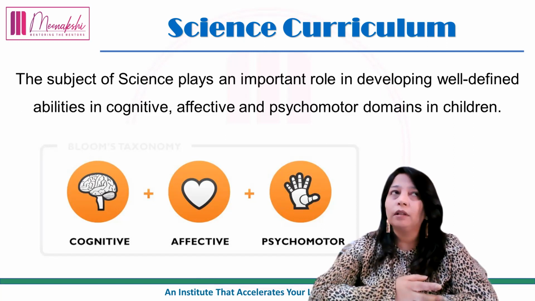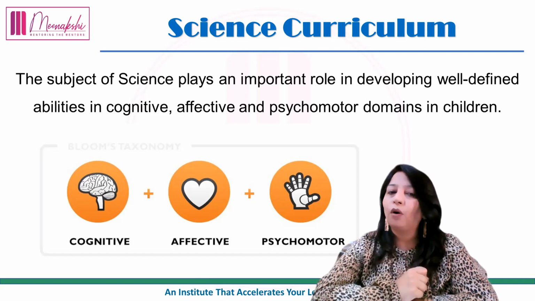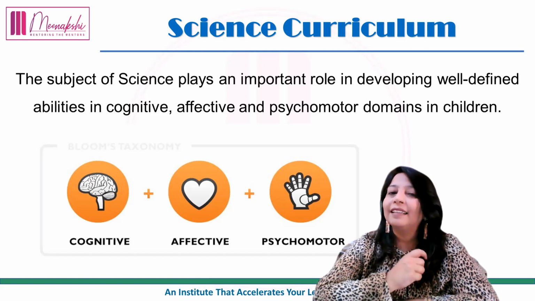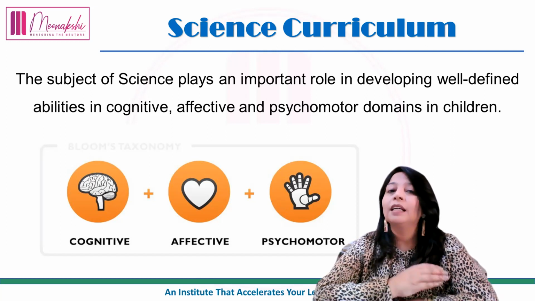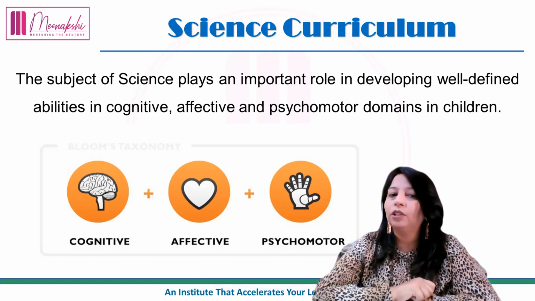And we also remember it by saying 3H. First of all, cognitive, H for head, related to our knowledge; next, H related to our heart, the affective domain; and the third one, psychomotor, third H related to our hand, as you can see here in the images also.